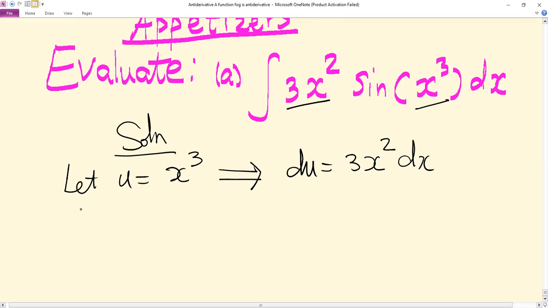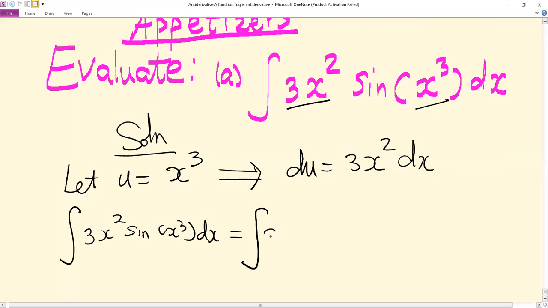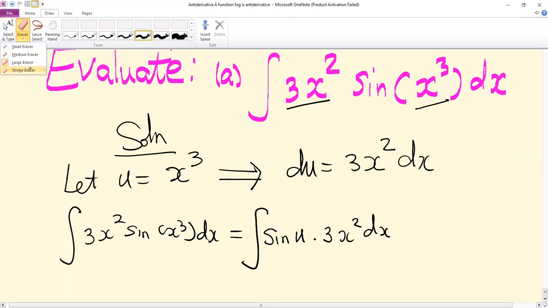So this integrand, 3x squared sine of x cubed dx, you see it can be written as sine, because I've already fixed this one, sine u times 3x squared dx.